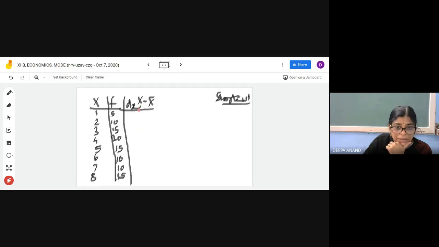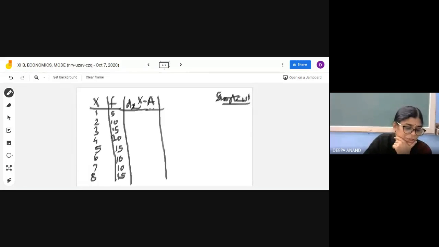But here, as we are following the shortcut method, instead of mean, you will take the assumed mean. So here it is x minus a, where a is the assumed mean. x minus a you have to find out in the first step, every x minus a.